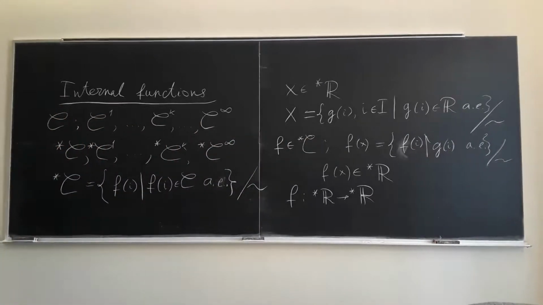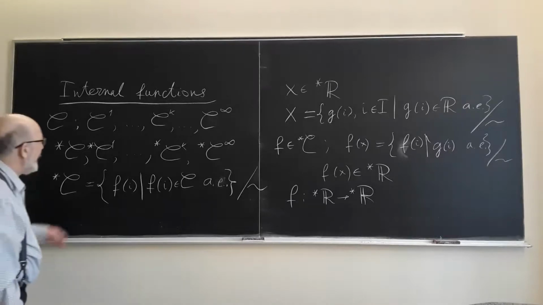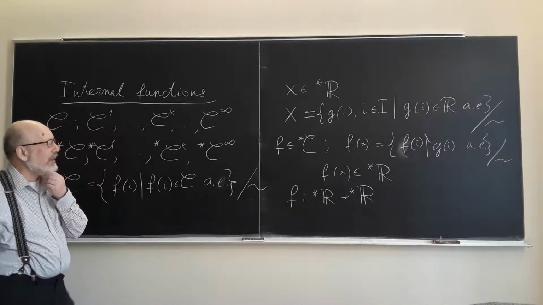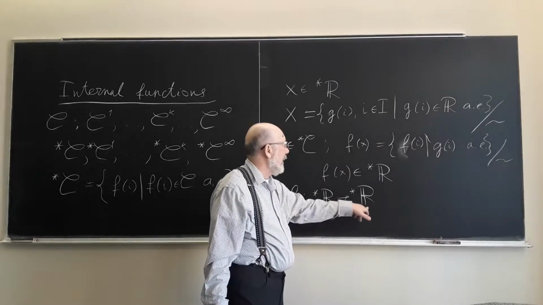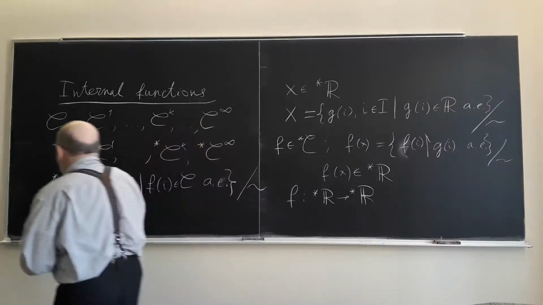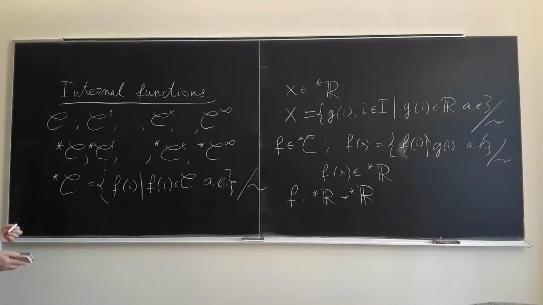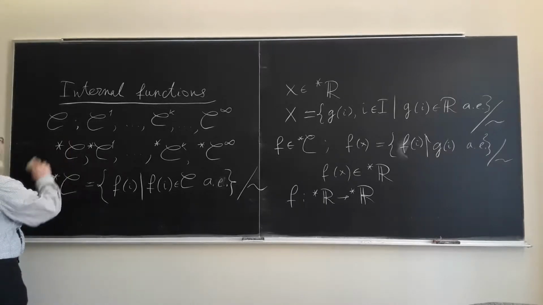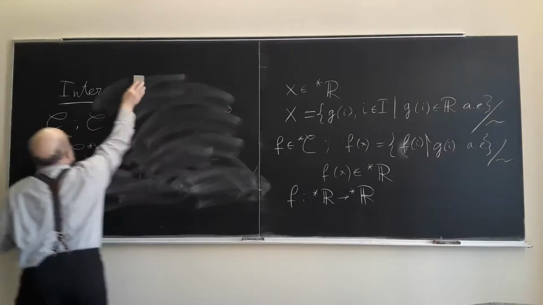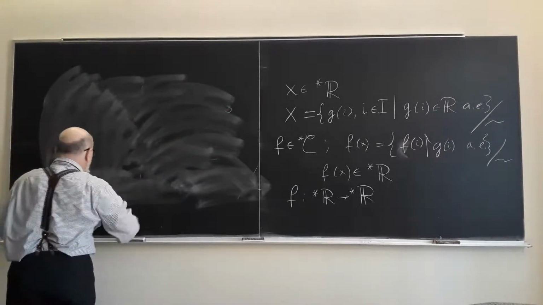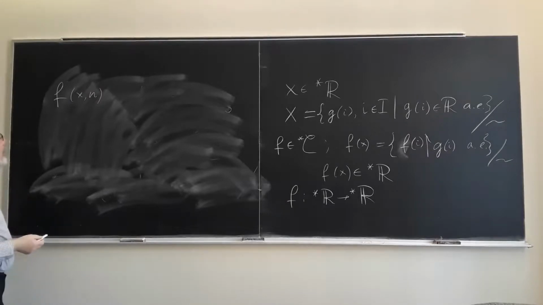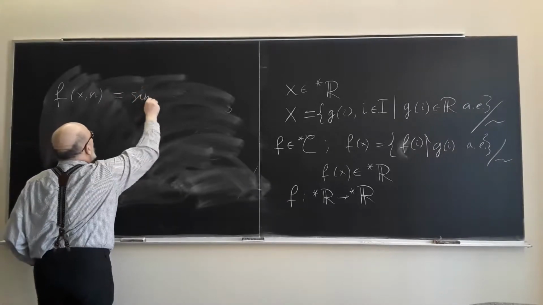And so f gives us a map from star R to star R. So the function f, which initially was this equivalence class of sequences of functions, in fact defines a good map from star R to star R. Okay, now among these functions we can consider the function f of x, n, which can also be non-standard, equals say sine n x.